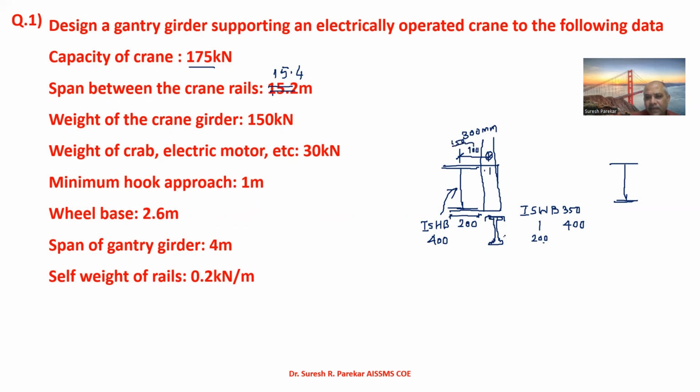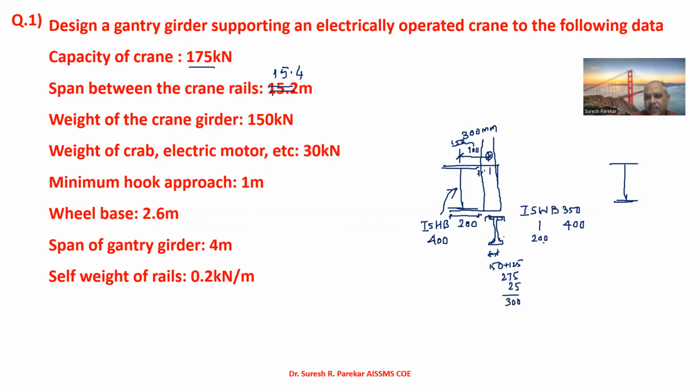So 150 and then 125. So 150 plus 125 goes to 275, and we can have clearance between this column flange and this gantry girder. Let us take this as 25. So likewise I have considered it as 300.